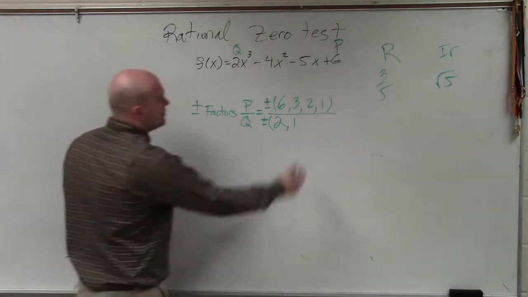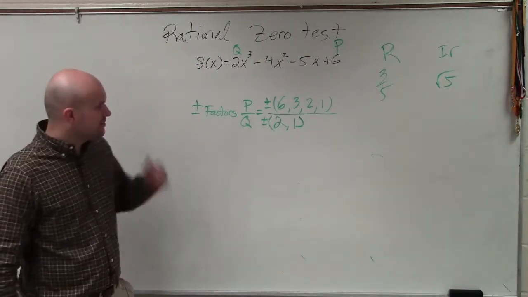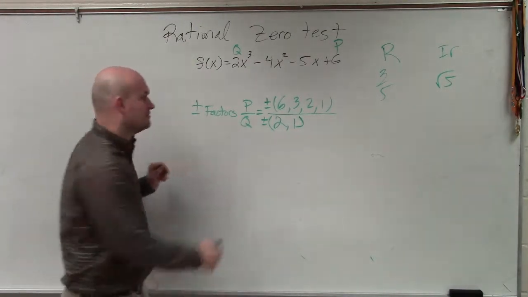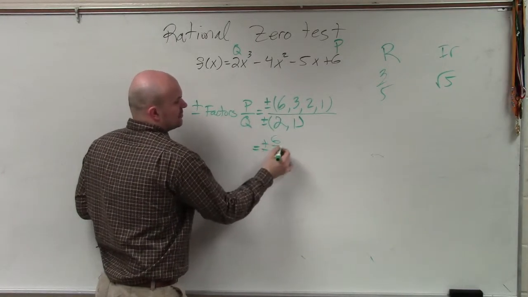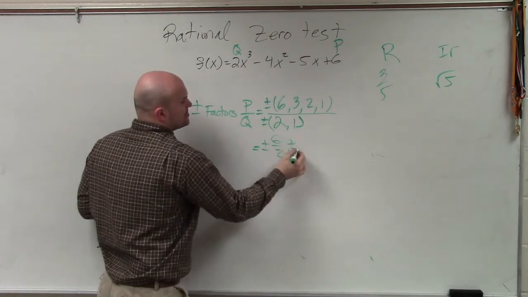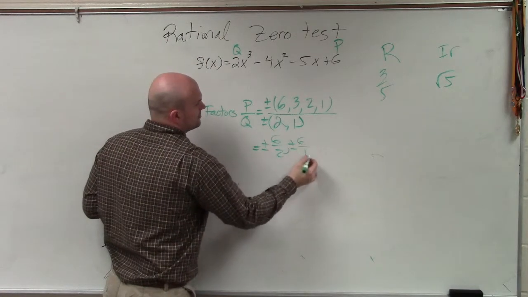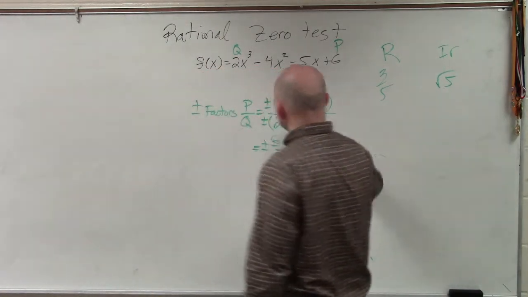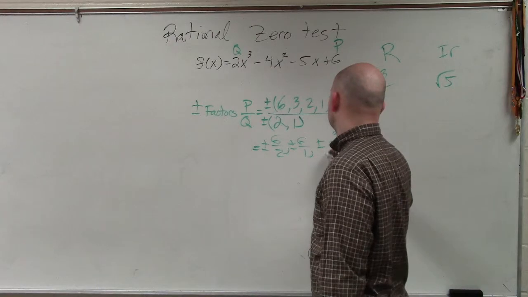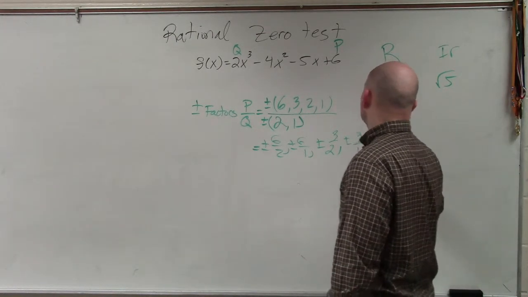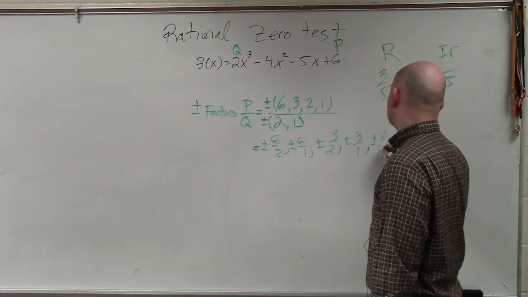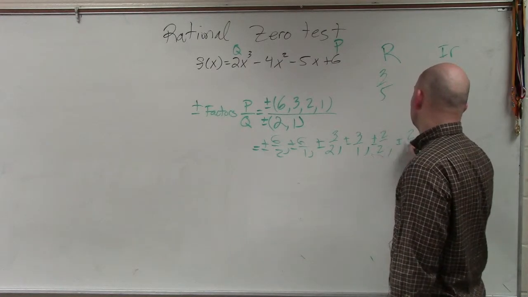So now what we're going to do is we're going to rewrite these out. So we're going to say plus or minus 6 over 2, comma, plus or minus 6 over 1, comma, plus or minus 3 over 2, comma, plus or minus 3 over 1, comma, plus or minus 2 over 2, comma, plus or minus 2 over 1.